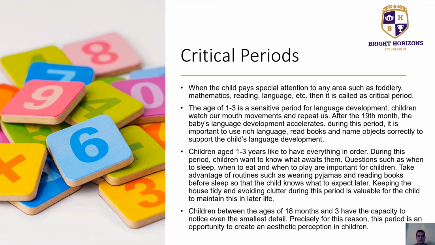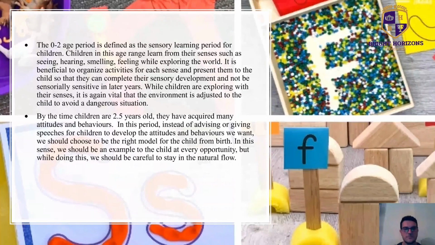Keeping the house tidy and avoiding clutter during this period is very valuable for the child to maintain this later in their life. Children between the ages of 18 months and 3 have the capacity to notice even the smallest detail. Precisely for this reason, this period is an opportunity to create an aesthetic perception in children.